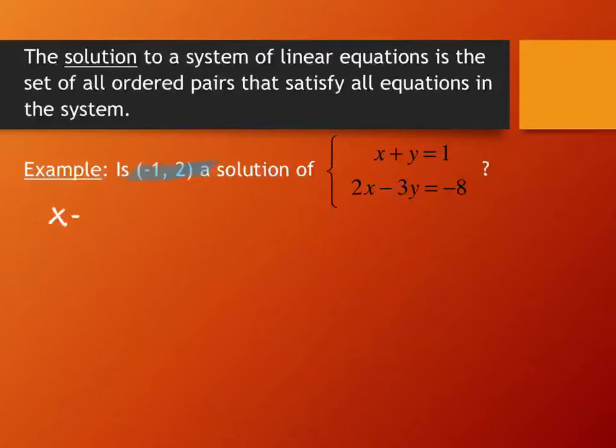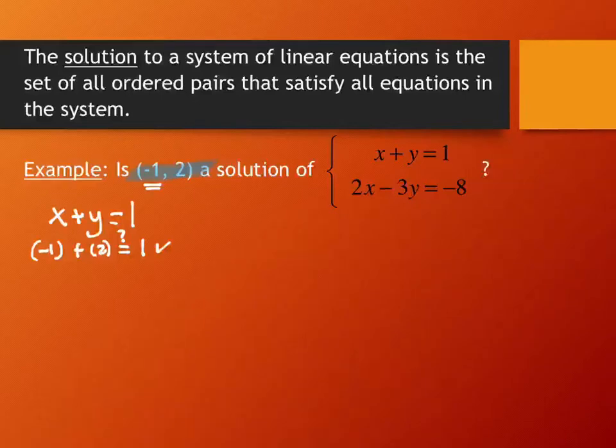So the first equation is x plus y equals 1. So if this equation is going to work, x would equal negative 1, y would equal 2. And it's sort of like you're putting a question mark right here. What does negative 1 plus 2 equal? 1, right? So it worked in this equation.